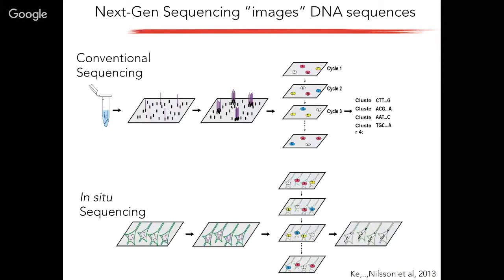So for in situ sequencing, we can do essentially the same thing, except that instead of first extracting the DNA, we first immobilize the RNA in the cell, and then using a different set of molecular biology tricks, we convert each one of those individual molecules of RNA into a ball of cDNA, complementary DNA, that corresponds to the sequence we're interested in, the RNA.